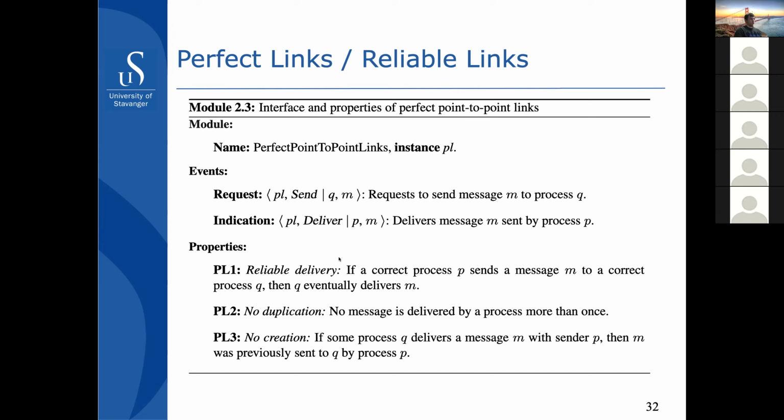Also here, there are many keywords that you need to notice. Whenever you see these keywords in the algorithm's description, you need to think about something specific. Here it says correct process. Whenever it says something is correct, it means that it's not faulty. So we have two very distinct things: if a property holds only for a correct process, then it will say correct process.